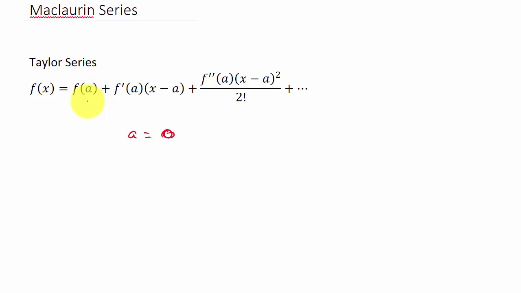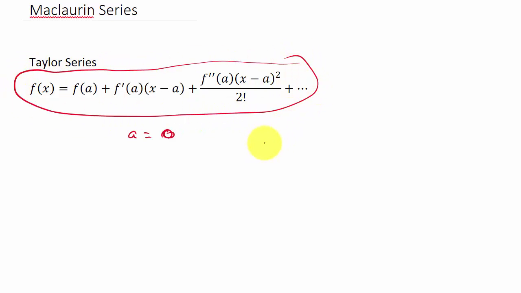If you watch my Taylor series video, in one problem we had a equal to 1 and in another problem a was equal to 4. Here we're going to write an expansion for a Maclaurin series, and so a will be 0, and this is what we'll use to expand it.